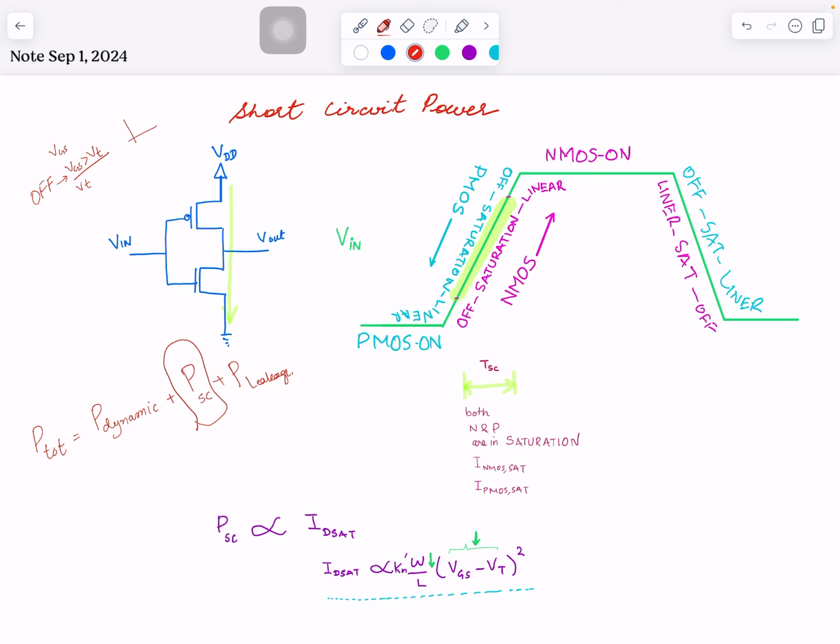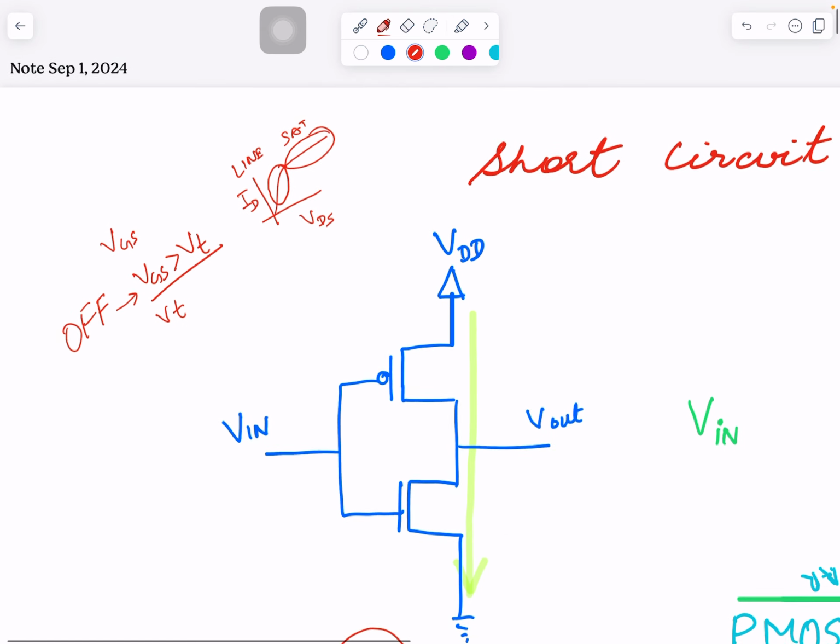Remember this equation. Sorry, I'm drawing it too small. Here we have an almost linear region, where this is VDS, the drain voltage. Keep in mind, the drain voltage here is the same as the output voltage. So this is drain voltage and this is the current.